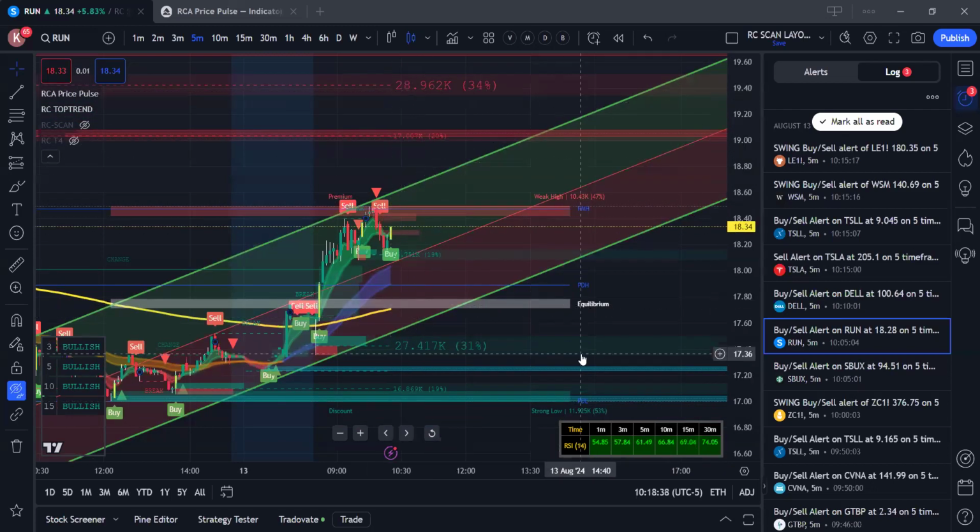So you can sell 18.5 puts for this Friday. You can collect around $75.